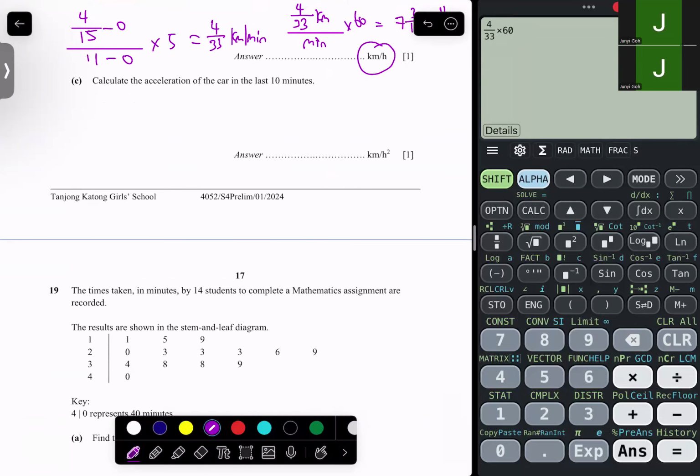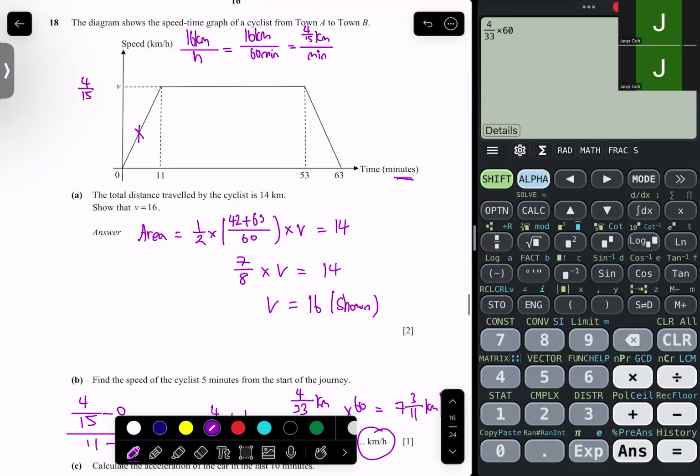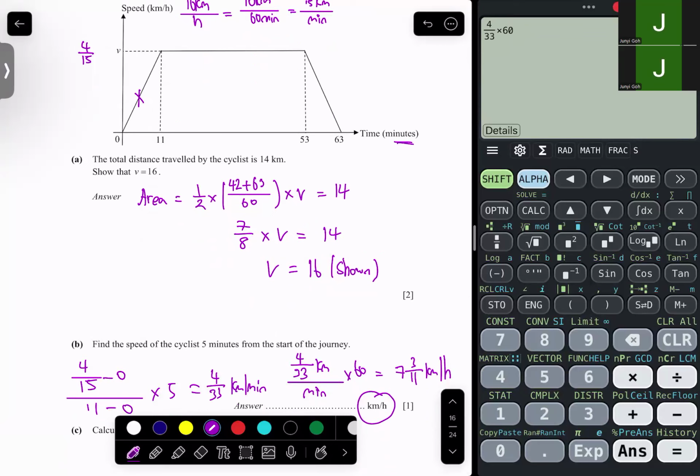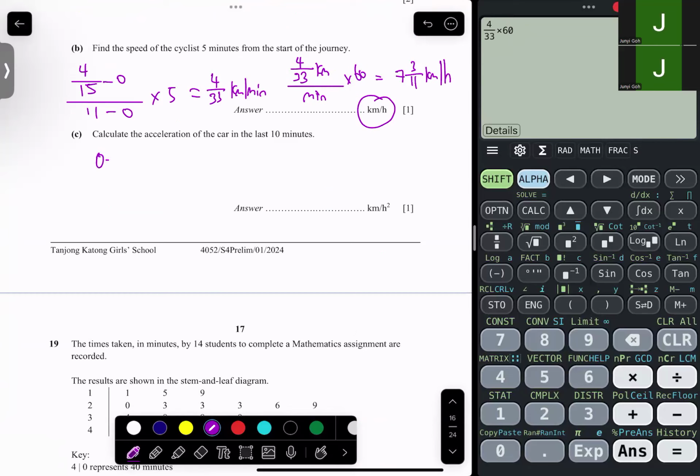Okay, now calculate the acceleration of the car in the last 10 minutes. This is not exactly acceleration, it's decelerating. So we have 0 minus 4 over 15 divided by 10, which is negative 4 out of 15 divided by 10.